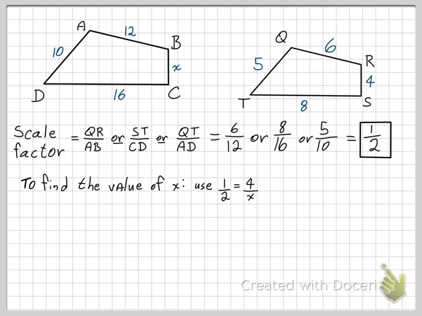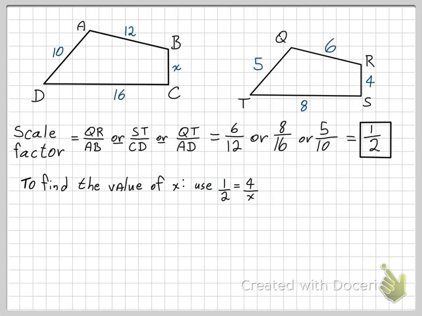So that is how scale factors are used. You take the scale factor, and that will give you the proportion of all the corresponding sides. That's where I get this proportion from. The scale factor is equal to the ratio of the corresponding side lengths.